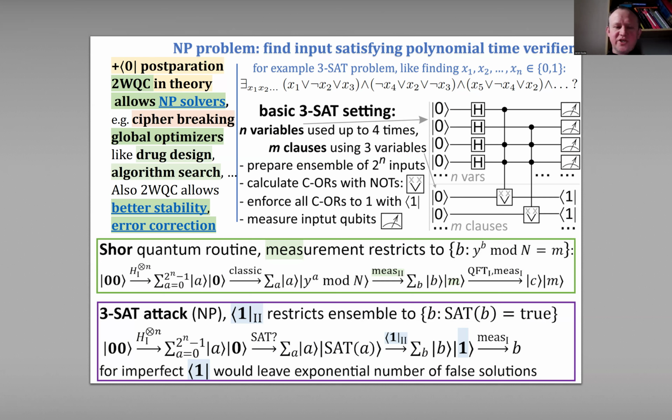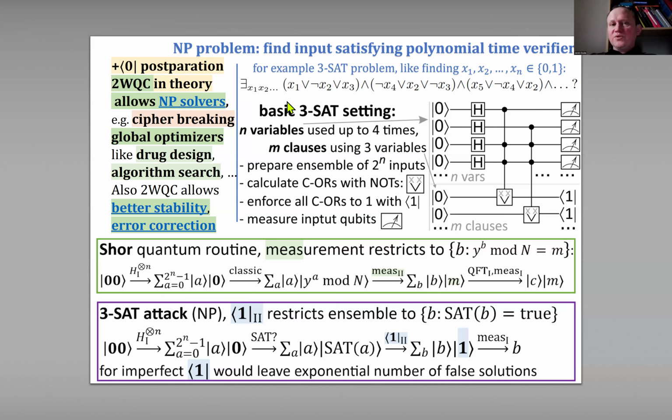We can easily check if a given input is right, but there are extremely many of them. So for example, this is a problem. The verifier just asks if one of these alternatives, which can include negation, is true, and all the alternatives have to be true. The verifier is very simple: it just checks if all the alternatives are true.